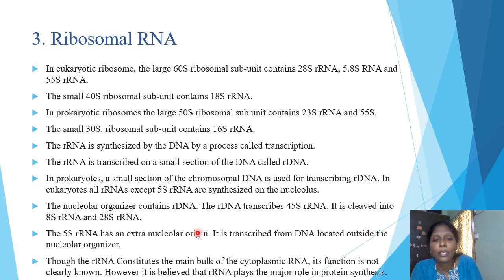The nucleolar organizer contains rDNA. The rDNA transcribes 45S rRNA, which is cleaved into 18S rRNA and 28S rRNA. The 5S rRNA has an extra nuclear origin. It is transcribed from DNA located outside the nucleolar organizer.